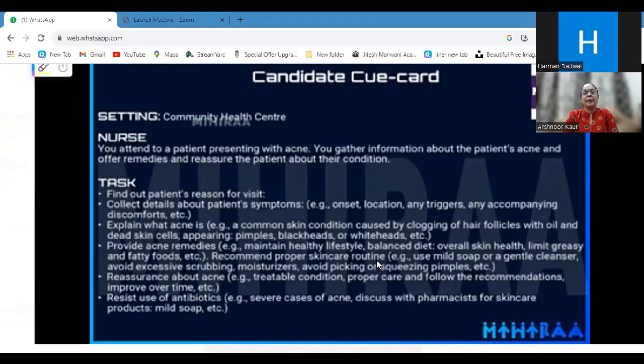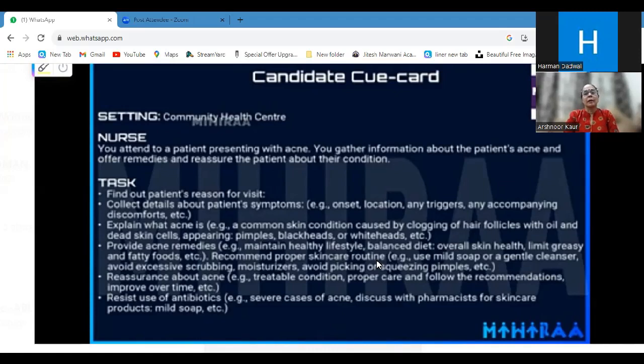This is a nurse role play, and nurse, there is a patient with acne who has come to you, and he or she. Now, one thing again to be considered. Suppose you have clearly mentioned the gender of the patient.